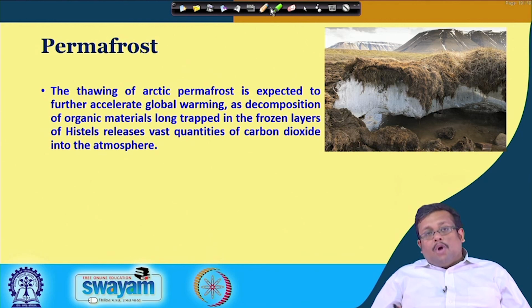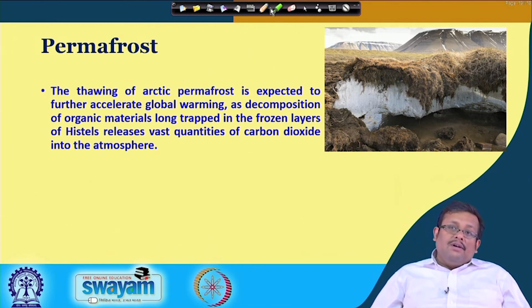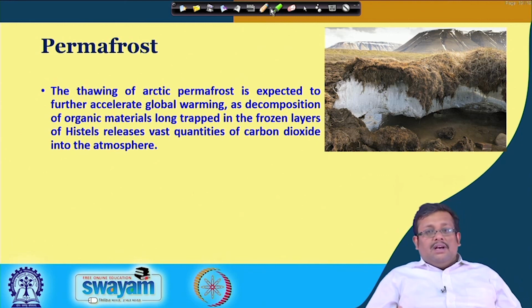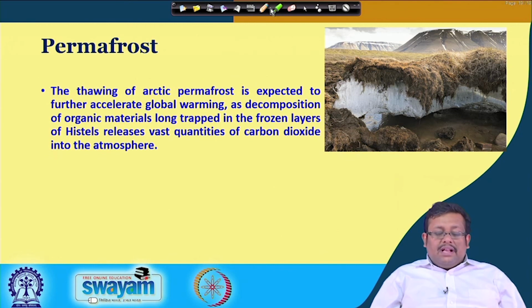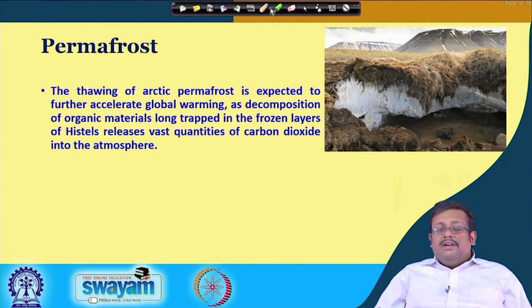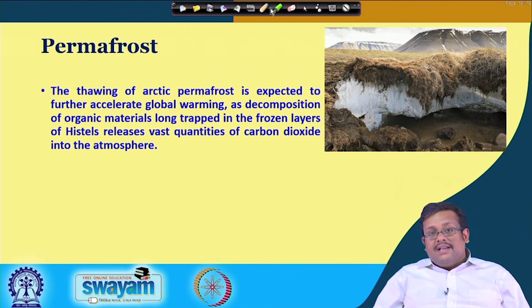However, due to the thawing of Arctic permafrost, a huge amount of this sequestered carbon in the form of organic matter gets decomposed, and as a result it produces different types of greenhouse gases, ultimately leading towards global warming.